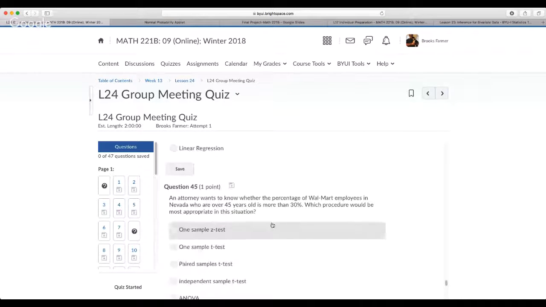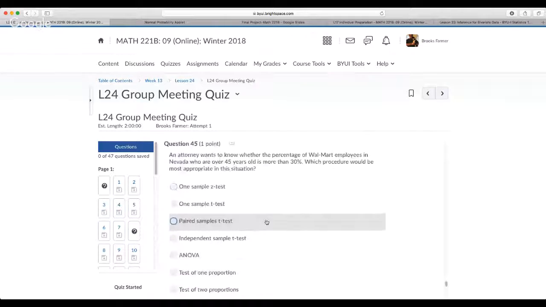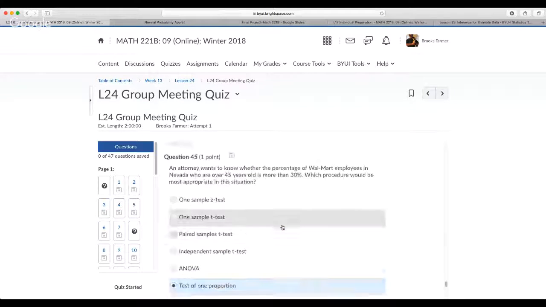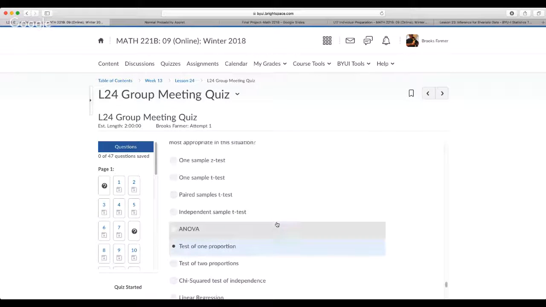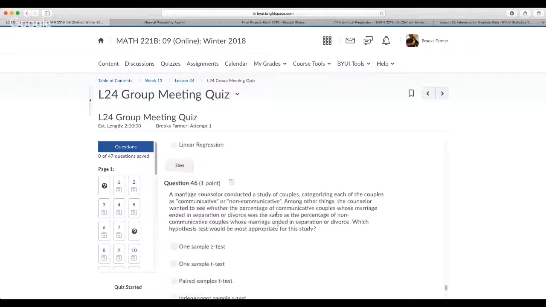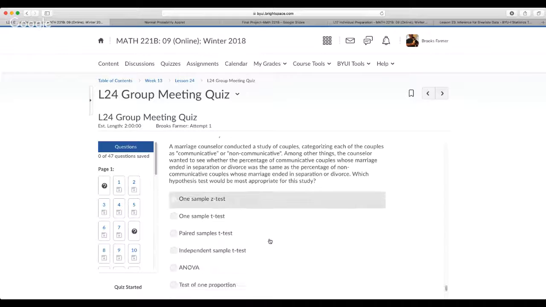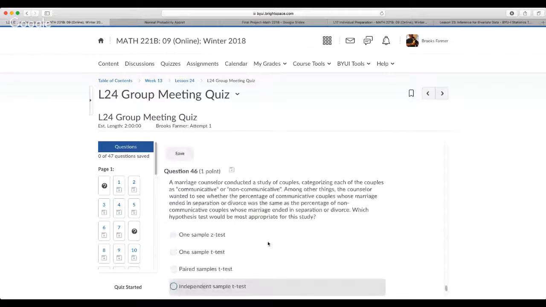45. The attorney wants to know the percentage of Walmart employees in Nevada who are over 40. I think this one is going to be a test of one proportion. Me too. All right, 46. A marriage counselor conducted a study of couples, categorizing each couple as competitive or non-competitive. The counselor wanted to see whether the percentage of couples who said divorce was the same. Would this be the Chi?